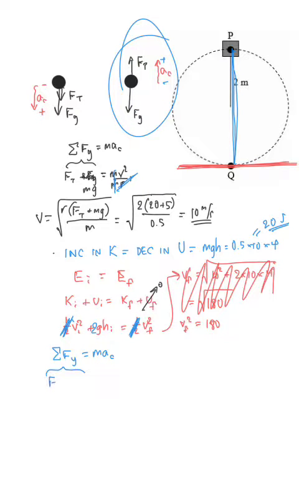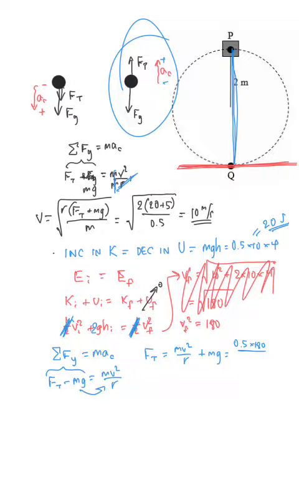So we'll say Ft minus mg, writing gravity as m times g, is equal to m v squared over r. Then bring this mg to the other side. That gives you Ft equals m v squared over r plus mg. The m was 0.5, the v squared was 180.